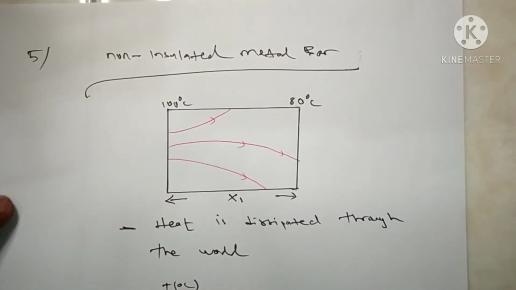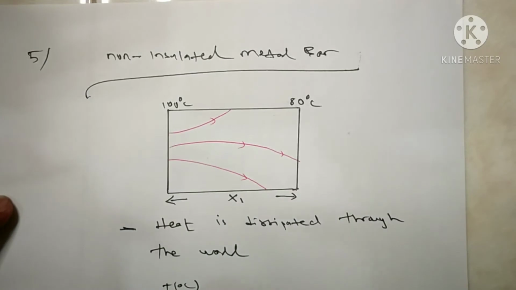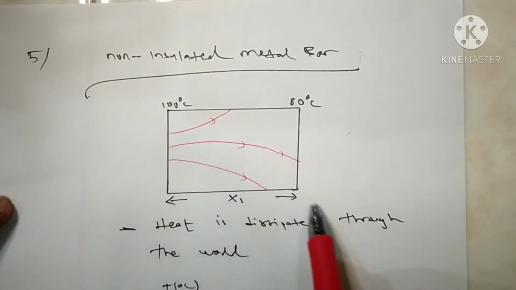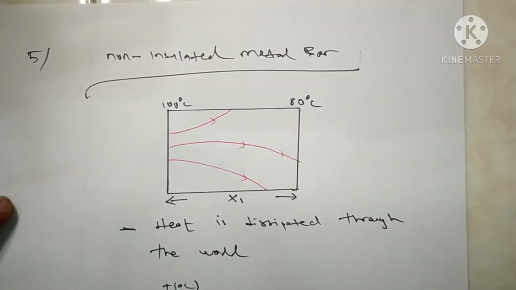For a non-insulated metal bar, the metal is not covered with an insulator, thus heat is lost to the surroundings from the sides of the metal bar. The lines of heat flow are divergent and the temperature falls faster near the hotter end than near the colder end.